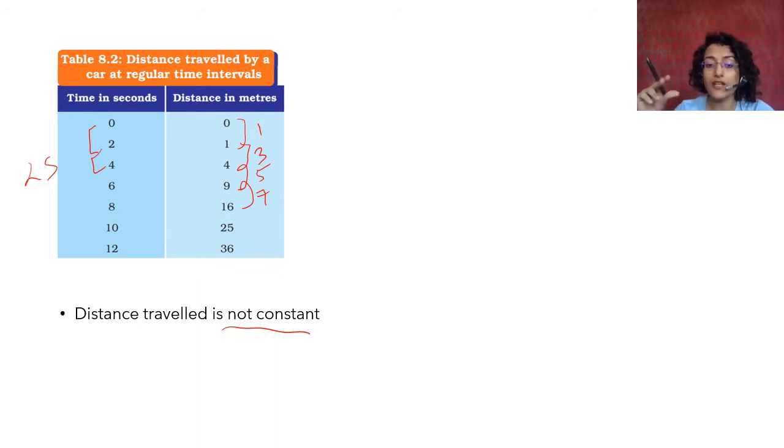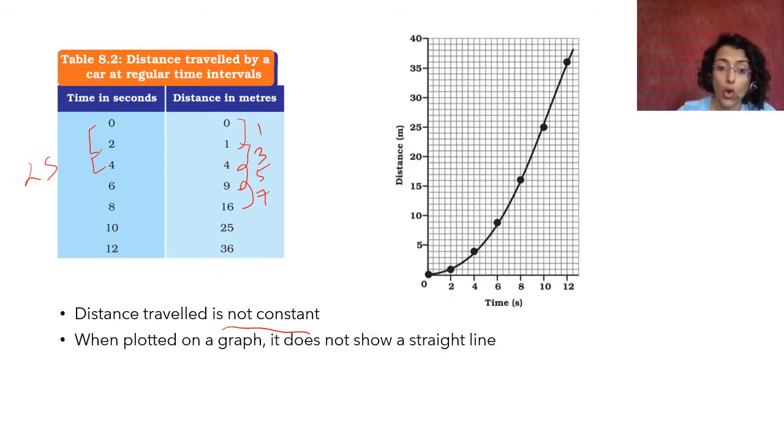The distance covered is increasing or decreasing. It is changing, but in uniform intervals of time, right? So distance traveled is not constant, and when this is plotted on the graph, it does not show a straight line.